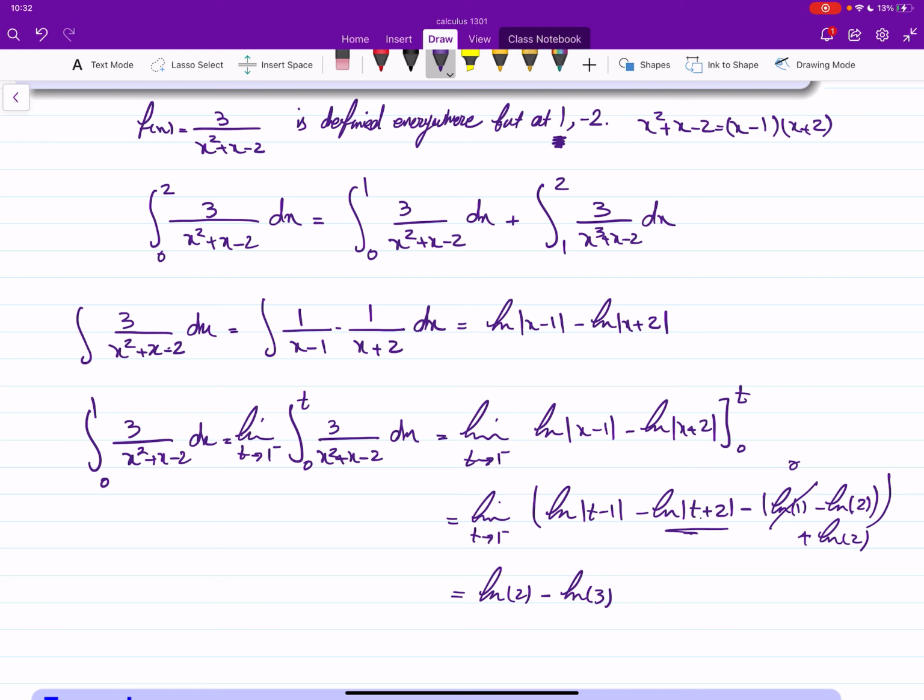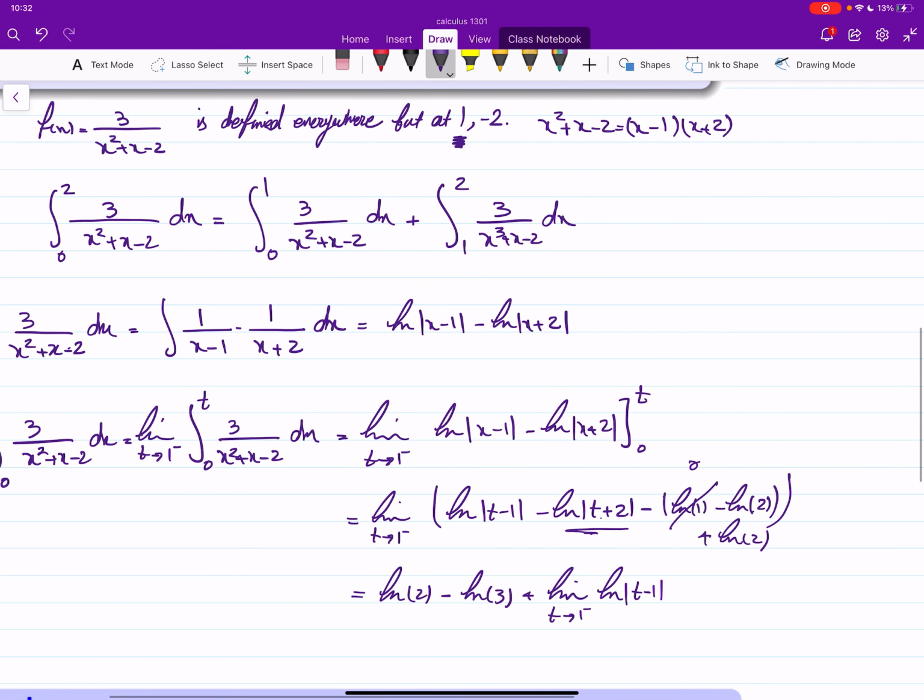How about the other piece, ln of t minus 1? As t goes to 1 from the left, this gives ln of 0. Remember that the graph of ln: as you go to 0 from the right, it goes to negative infinity. So this limit is negative infinity.